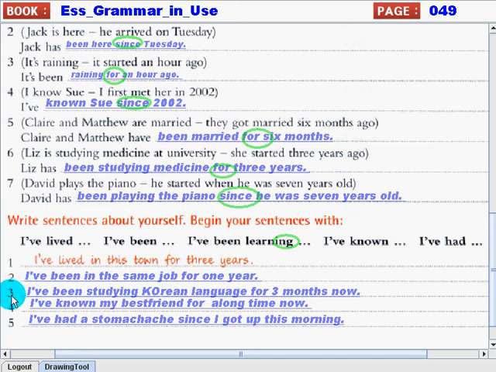Now, number 3, I've been studying Korean language for 3 months now. Step by step, I'm learning the language, and I learned a few words only. And number 4, I've known my best friend for a long time now. And 5th, even though it's kind of hard to admit, I've had a stomach ache since I got up this morning.